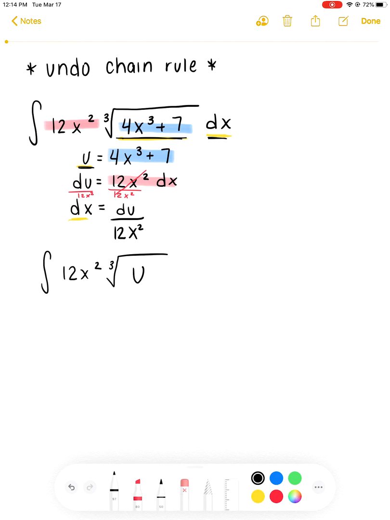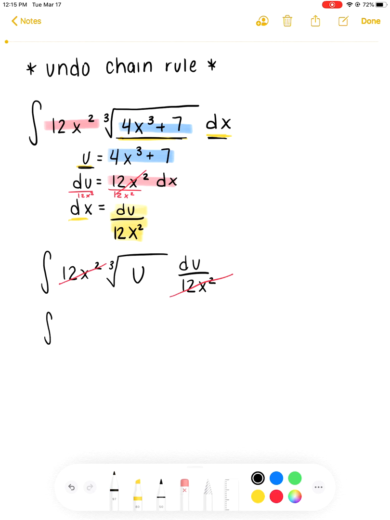And then instead of writing dx, I'm going to replace it with all of this. So instead of dx here now, I'm going to have du over 12x squared because I said they're the same thing. Now I know I've set it up correctly because then I see over here I'm multiplying by 12x squared, and over here I'm dividing by 12x squared, so those will cancel out.